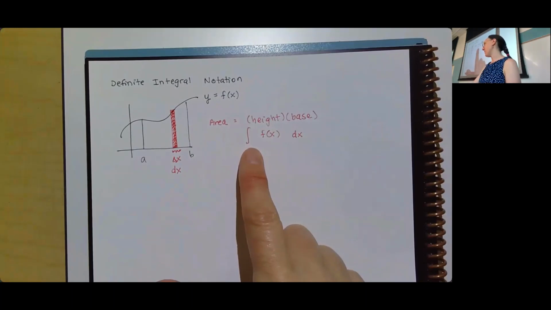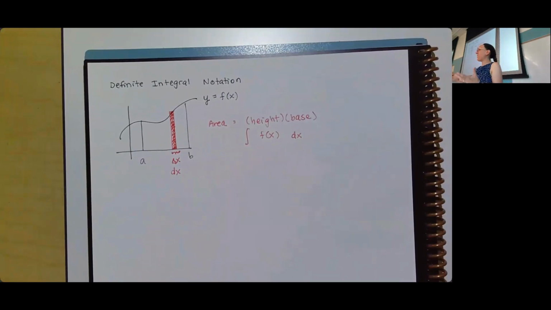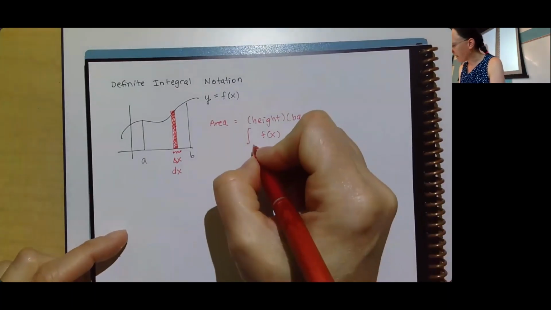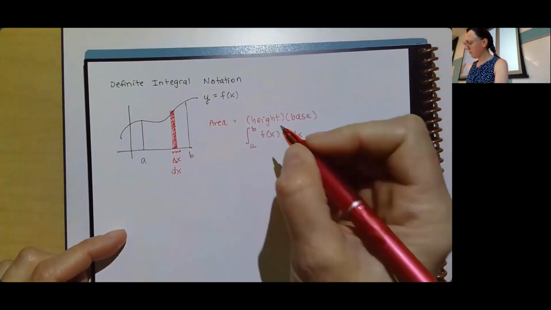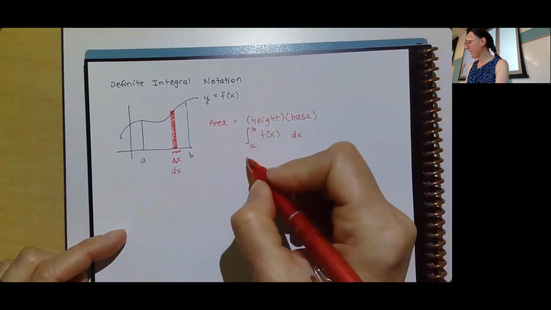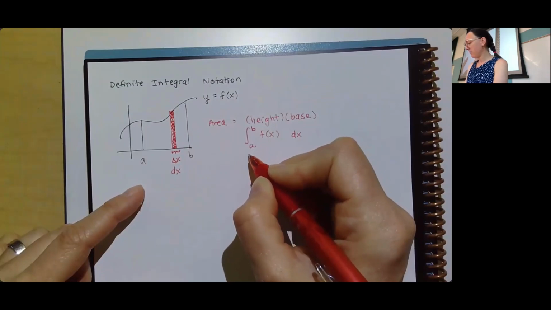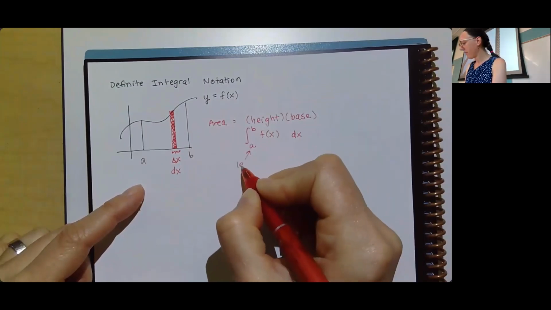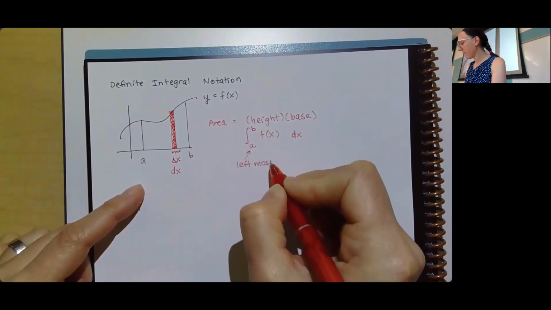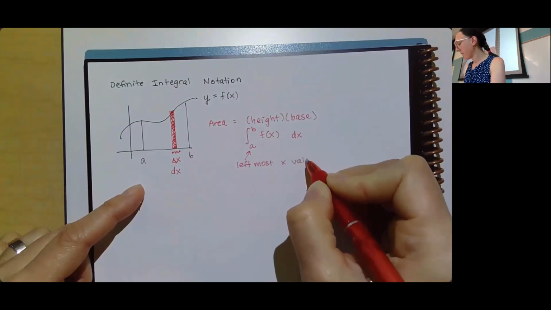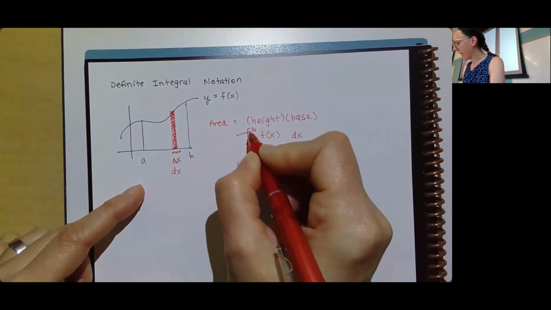Now, the other piece to this notation is we still have to know how far to the left we took the rectangles, how far to the right we took them. So we put an A down here and a B up here, which tells me where to start on the left-hand side, and where to end on the right-hand side.